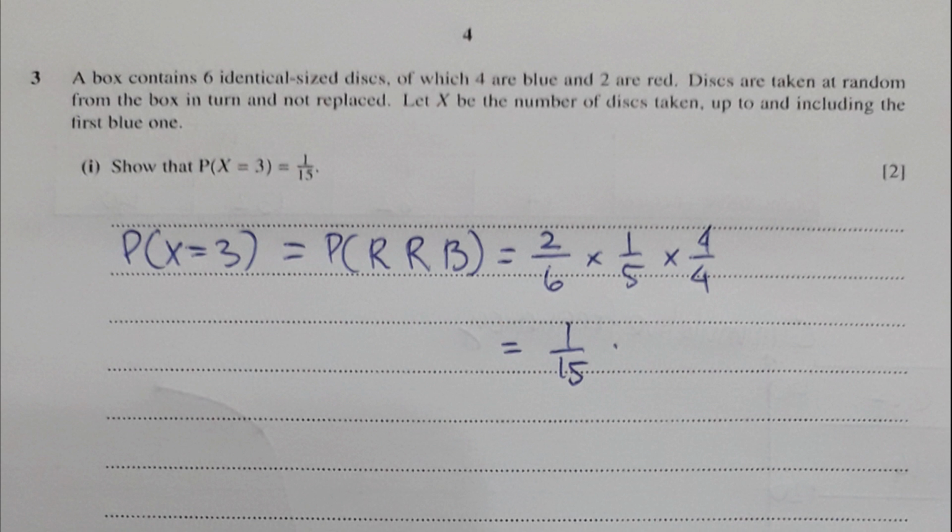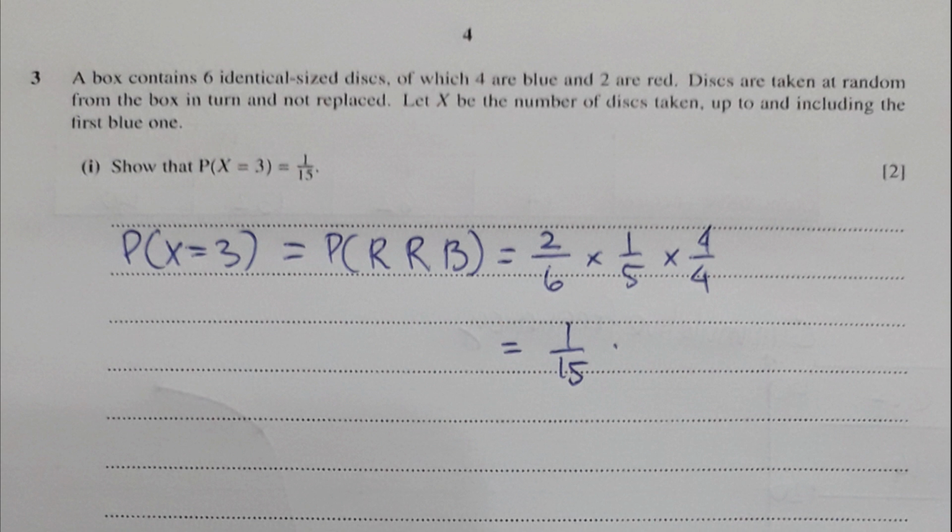Here, P(X = 3) means that the first 2 discs taken are red and the third one is blue. So P(X = 3) is equal to P(red, red, blue). The probability that the first disc is red is 2 over 6.